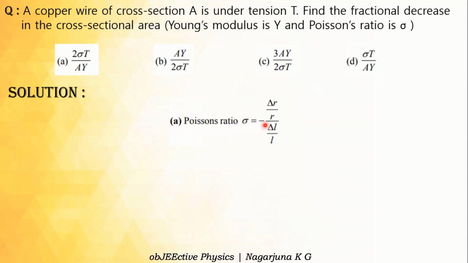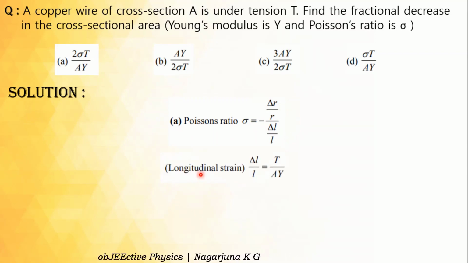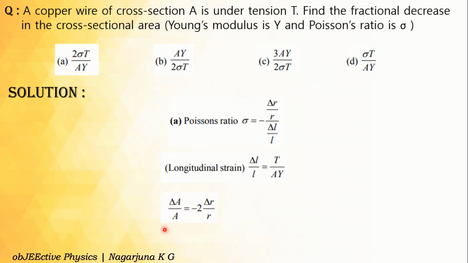We know that Poisson's ratio sigma is equal to minus delta R by R divided by delta L by L. But longitudinal strain delta L by L is equal to F divided by AY, or T divided by AY, according to Young's modulus definition. And fractional change in area delta A by A is equal to minus 2 into delta R by R, because A is equal to pi R square, and pi is constant, so A is directly proportional to R square.